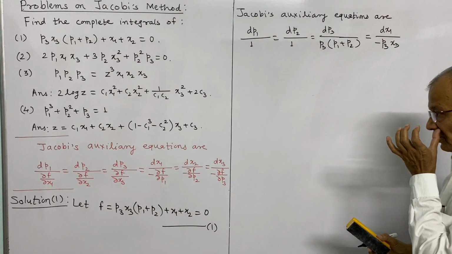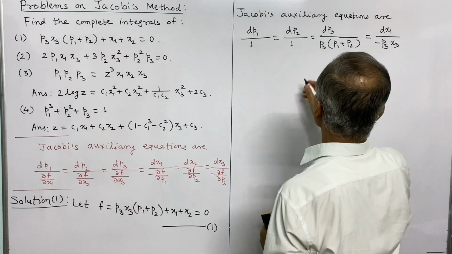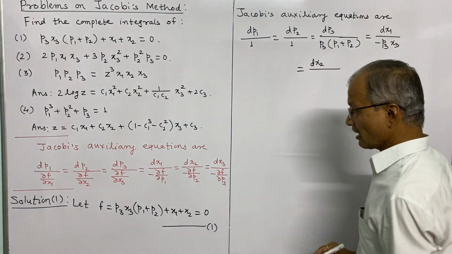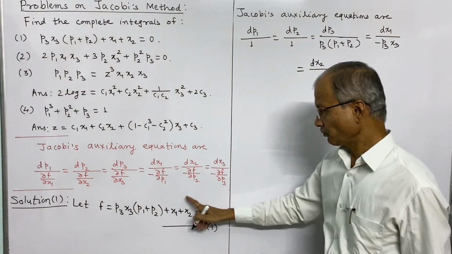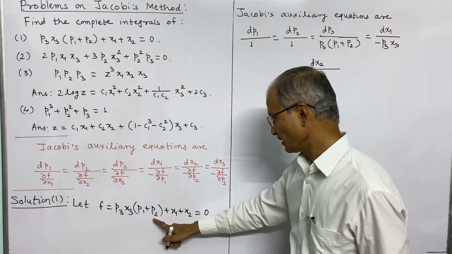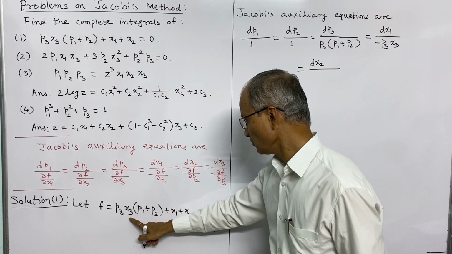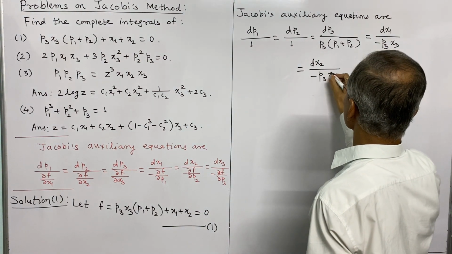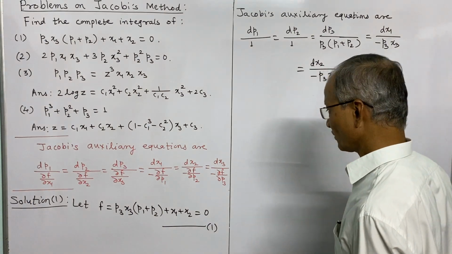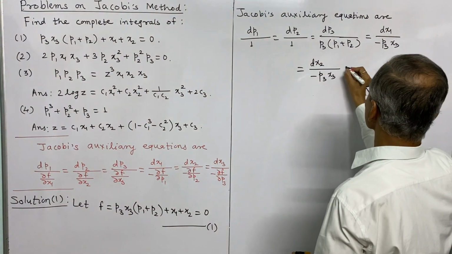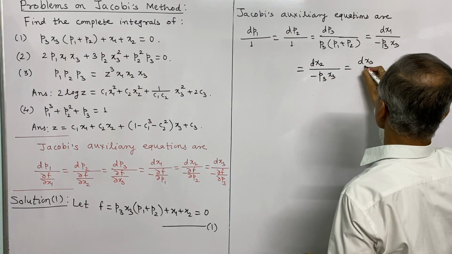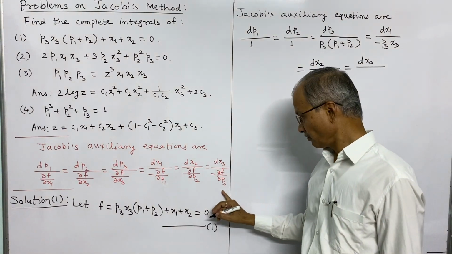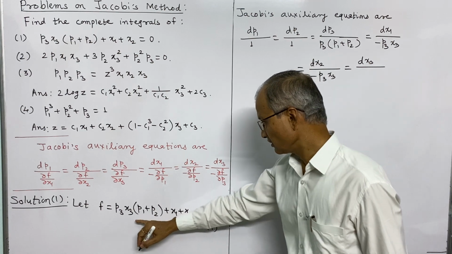Further, what remains is dx2, which is dx2 divided by partial derivative of f with respect to p2. Now you observe here it is p3 into x3, negative sign, p3 x3. And the last is dx3 divided by partial derivative of f with respect to p3, and the sign is negative.